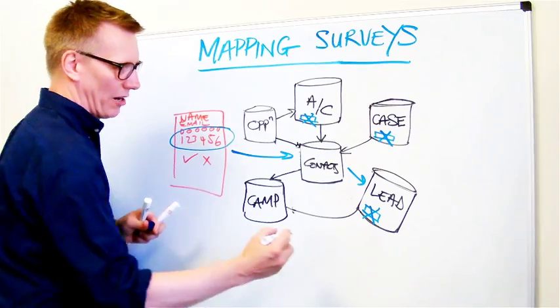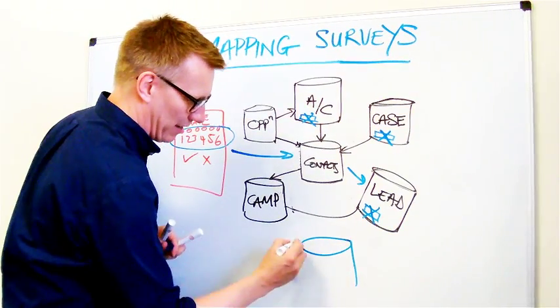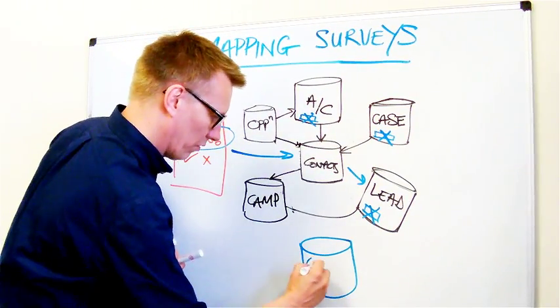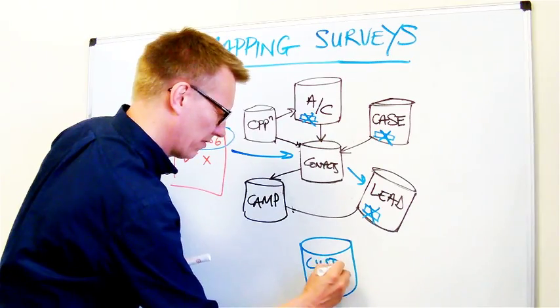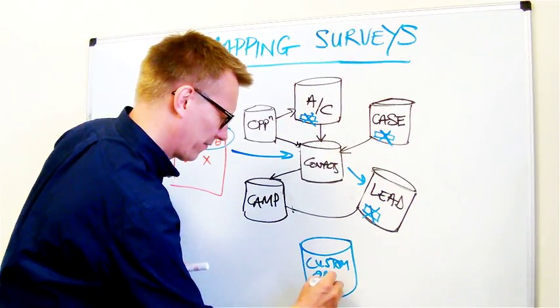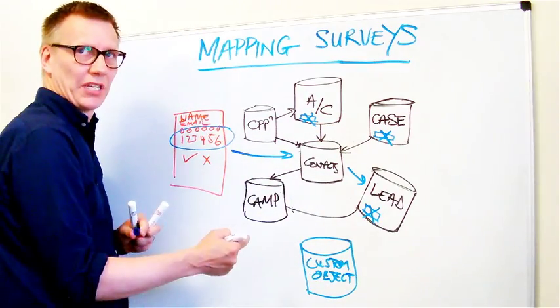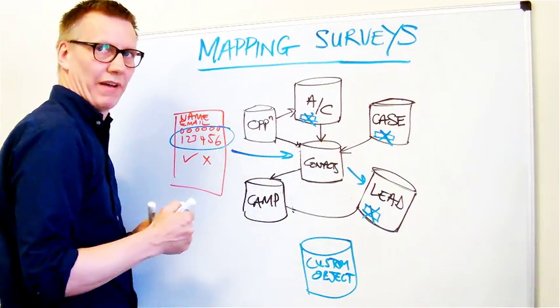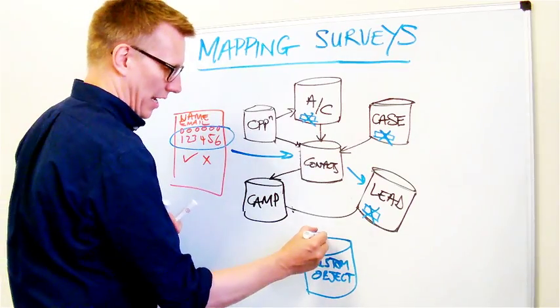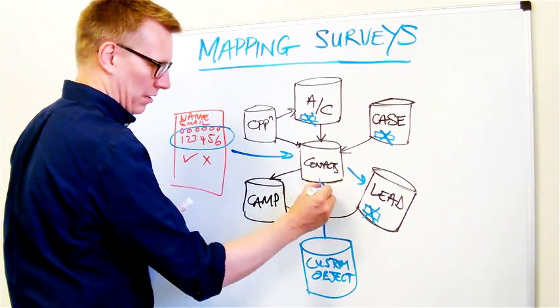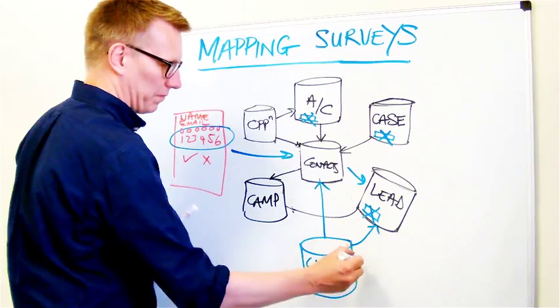So CRMs generally have the ability to add in what they will call custom objects. And Clicktools recommends that you create a custom object to store your survey answers and then link this back to wherever it needs to go.